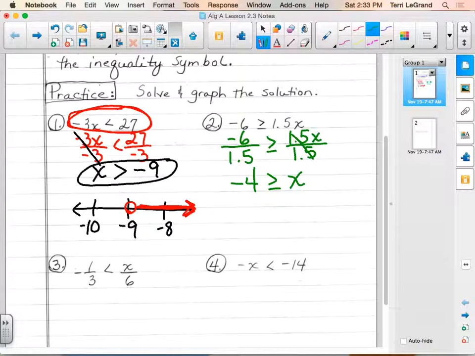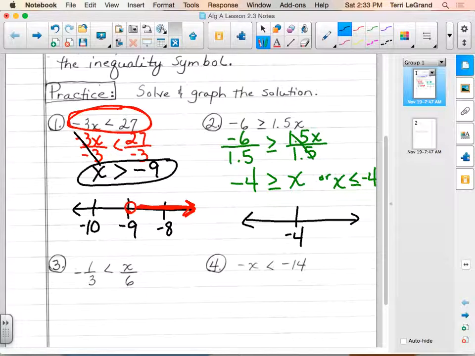Now remember, this also can be written so that if you like the variable on the left, the x and the negative 4 trade sides, and now we would reverse the symbol because we're just rewriting it, renaming it in a different format. So we didn't reverse it here because we divided by a negative, but because we were renaming it. Because sometimes that helps some of us be more successful with our graphing part.